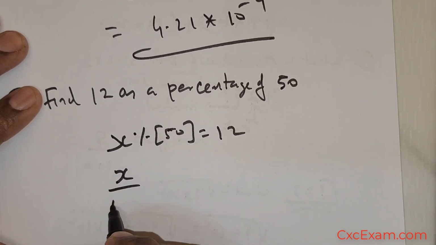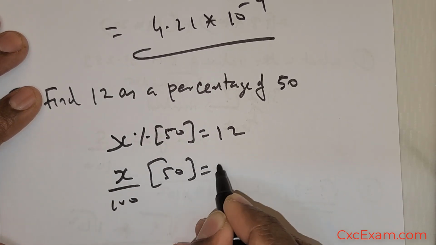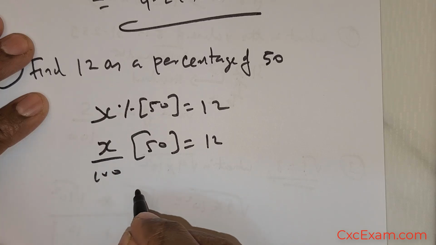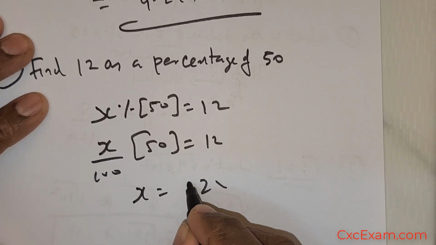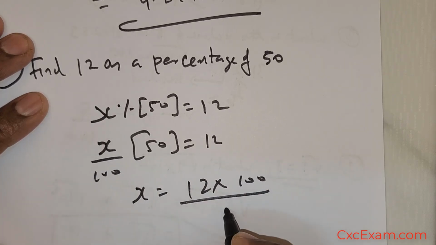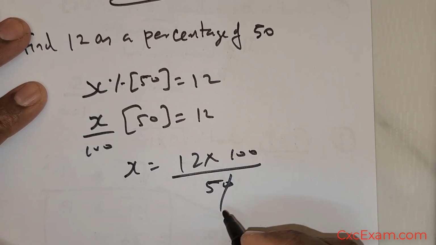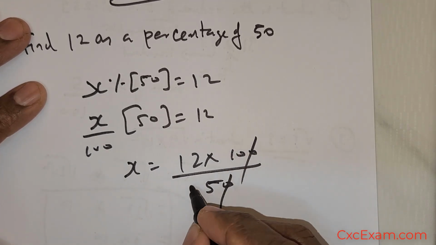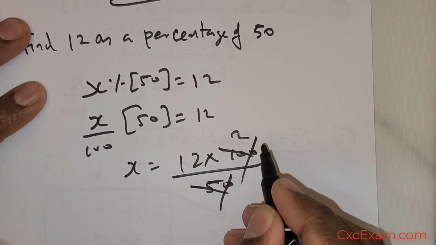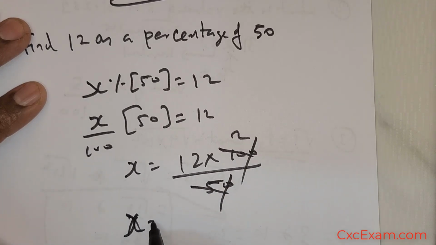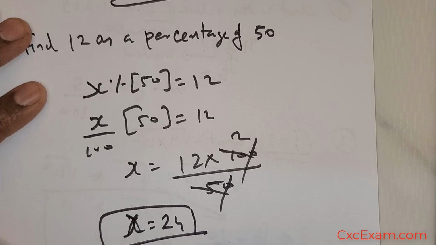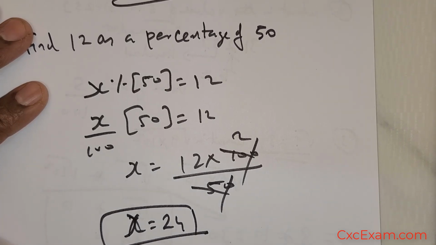So this is x over 100 of 50 is equal to 12. We need x, so x is equal to 12 times 100 divided by 50. The 50 cancels, 5 divides 10 two times, so x is equal to 24. This is the solution for this question.